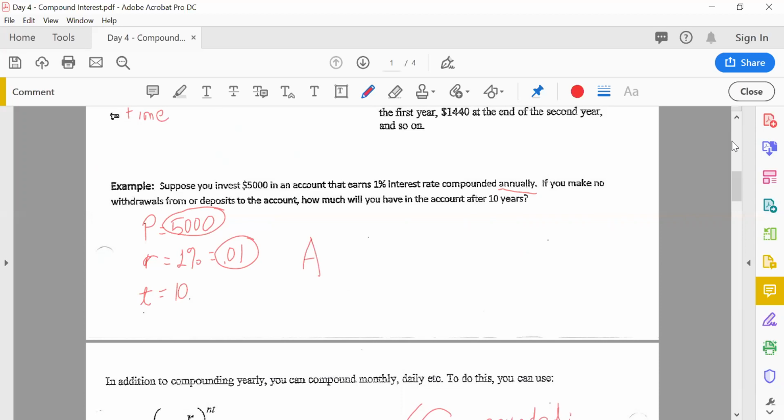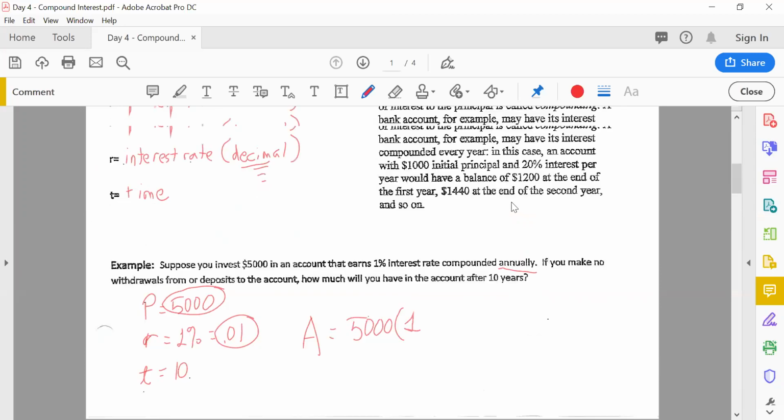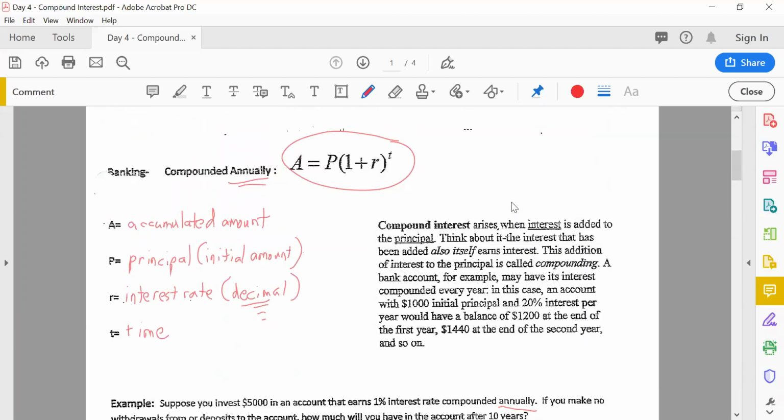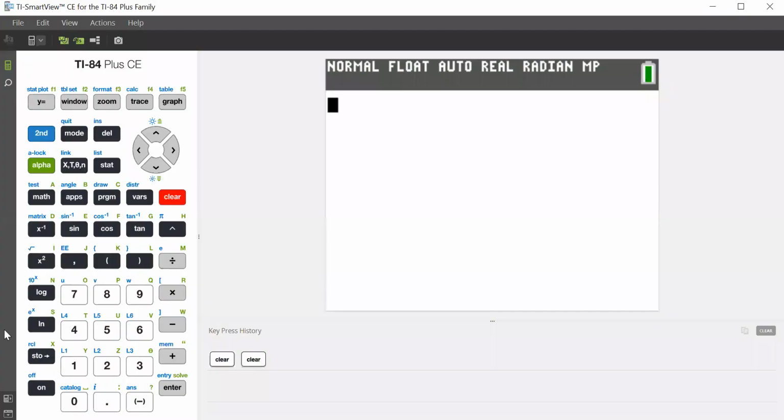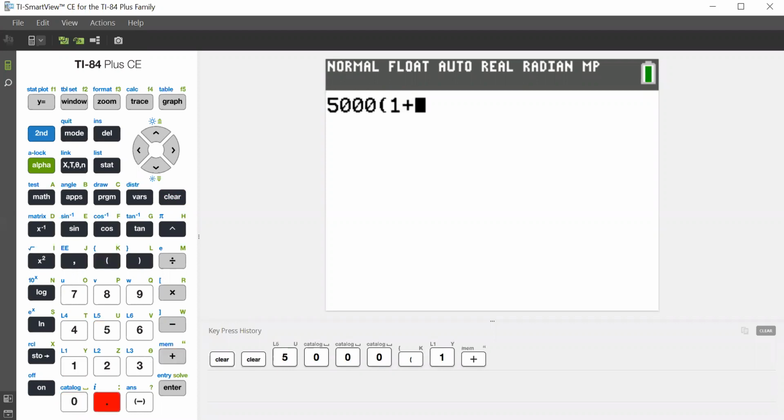So the accumulated amount is going to be $5,000 times 1. Let me scroll up so that you see the equation here: P times (1 plus R) raised to the T power. So 5,000 times (1 plus 0.01) raised to the 10th power.